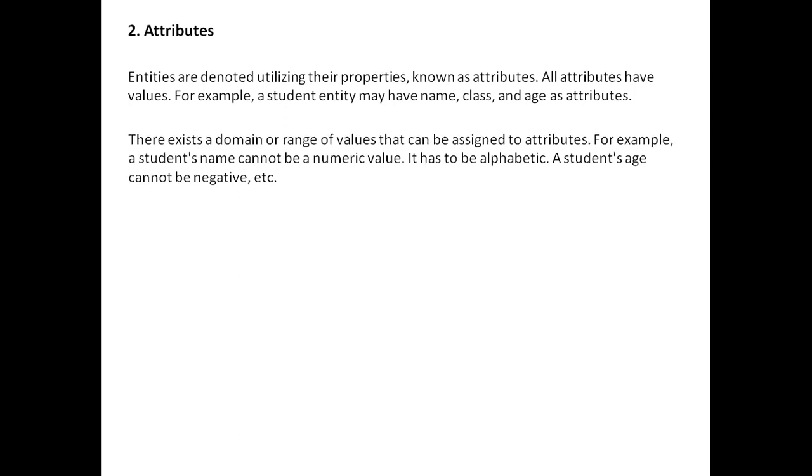There exists a domain or range of values that can be assigned to attributes. For example, a student name cannot be a numeric value. It has to be alphabetic. A student age cannot be negative, etc.